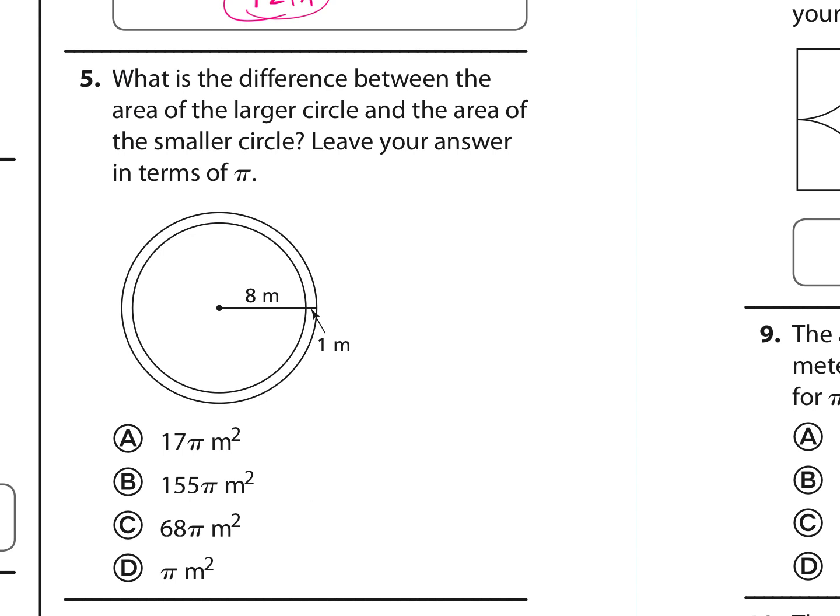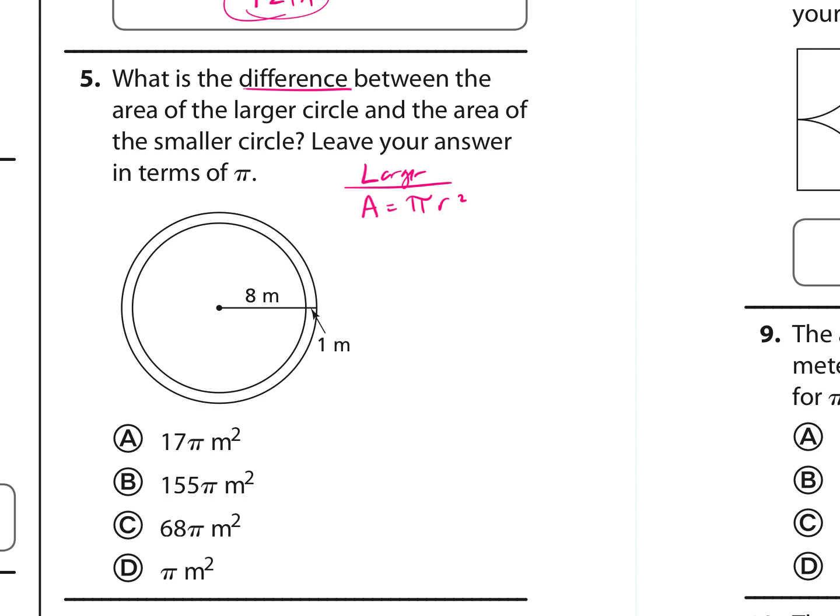Number 5, what is the difference between the area of the larger circle and the area of the smaller circle? Leave your answer in terms of pi. So we see the difference between them. That indicates we're going to find the area of each and then subtract. So for the larger circle, we know the area is pi r squared.